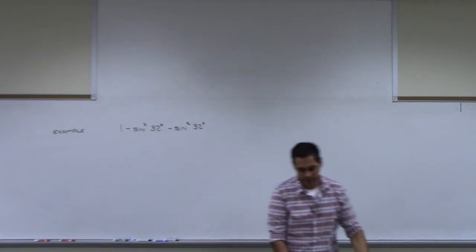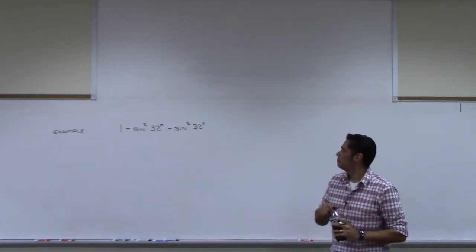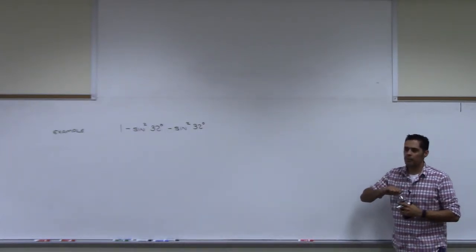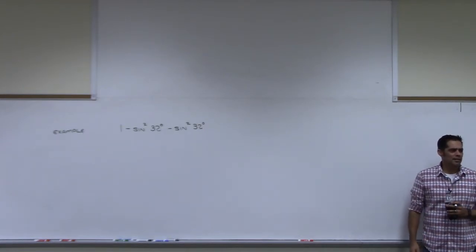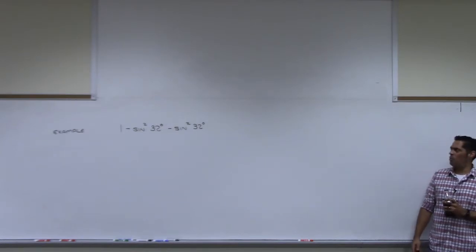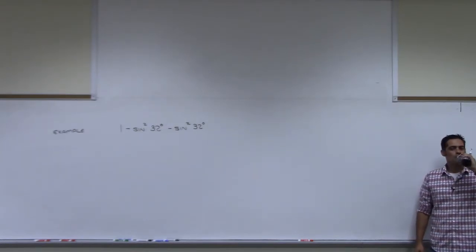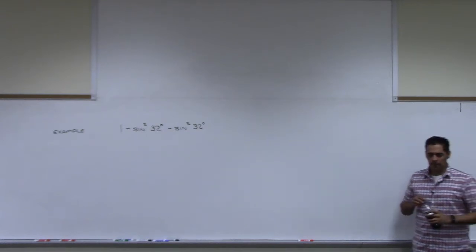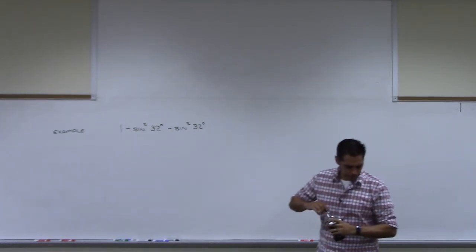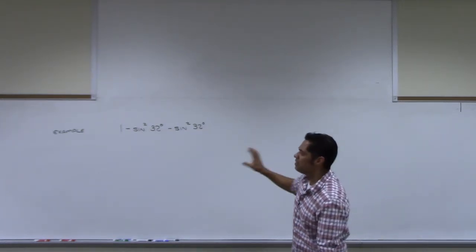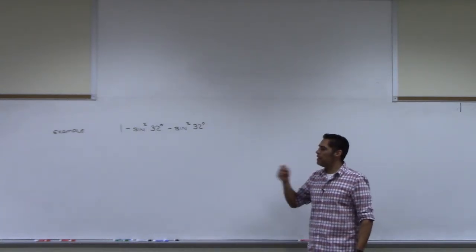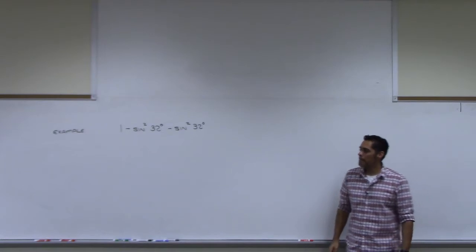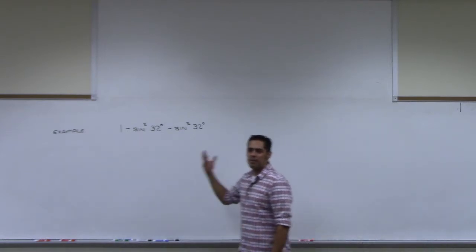I would like for us to figure out what that is. I realize that looks like nothing I've put up on the board up to this point. The instructions are to use fundamental identities and or the complementary angle theorem to simplify this expression.